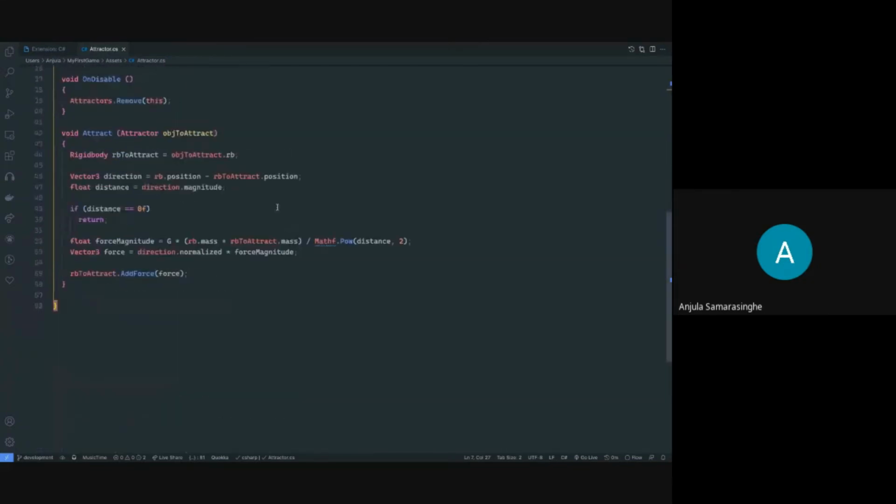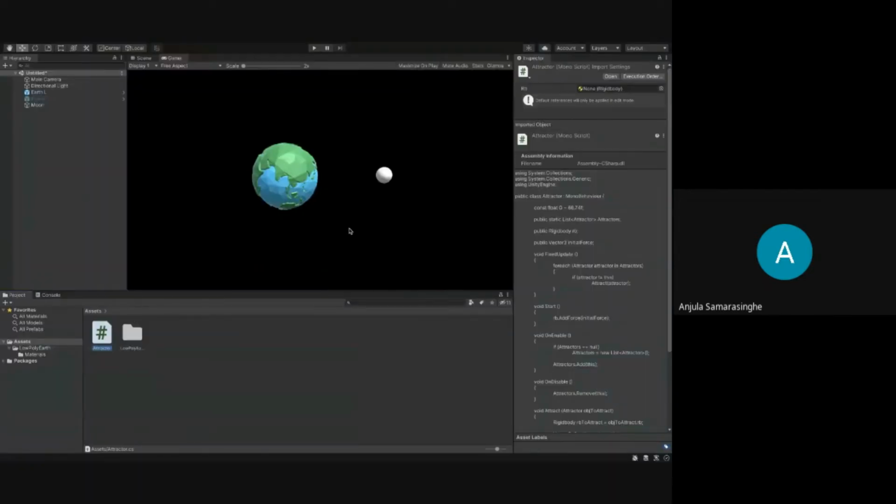Below, I have applied the formula. G is the constant of gravitation, multiplied by the mass of object 1 and the mass of object 2, and I'm dividing it by the square of the distance between those two objects. In the end, I'm applying that force to the object.